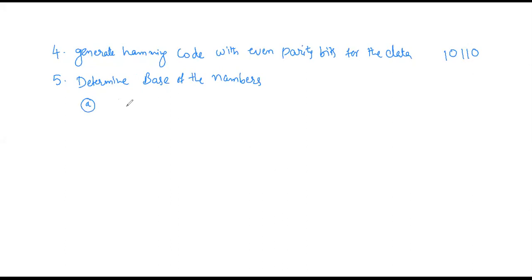A: 24 by 17 is equal to... You need to find out in which base this equation is true. Similarly, B: 14 by 2 is equal to 5. In which base this equation is true, you need to find out. This is about the assignment questions.